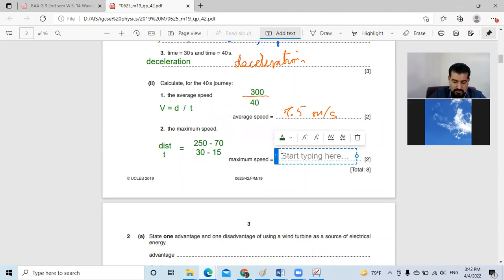And the answer will be 12 meters per second.